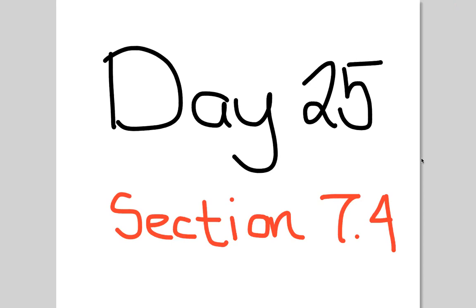All right, day 25, section 7.4. We're going to talk about a topic today that might be a little bit more challenging than some of the previous ones. We're still working with ratios and proportions, and we're working with right triangles and different properties within triangles.